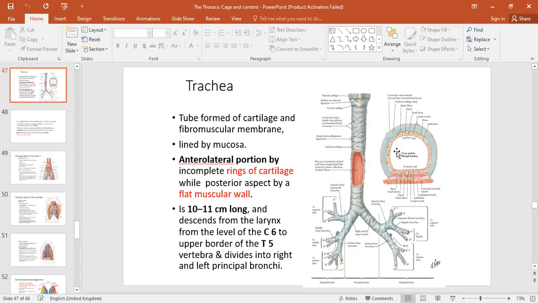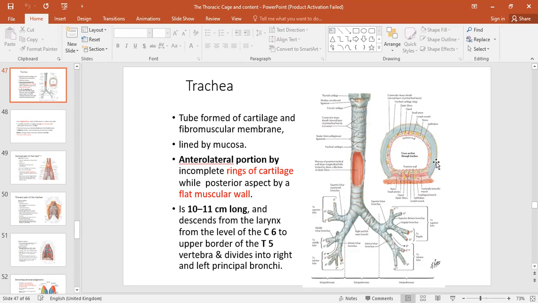These cells have a lot of cilia, and the cilia help to move the mucus, because this epithelium also has goblet cells. Those goblet cells secrete mucus. The mucus traps the dust together with the microorganisms. Then cilia move that mucus together with the trapped particles towards the pharynx. So that is all about the trachea.